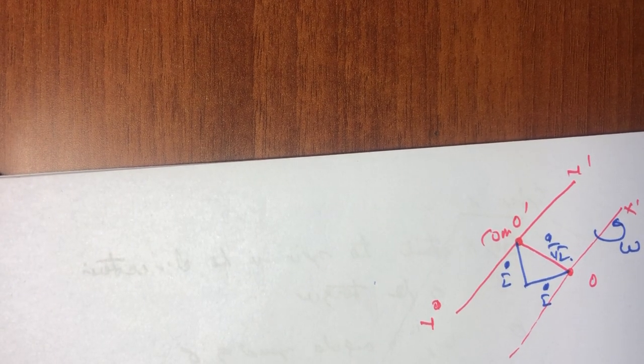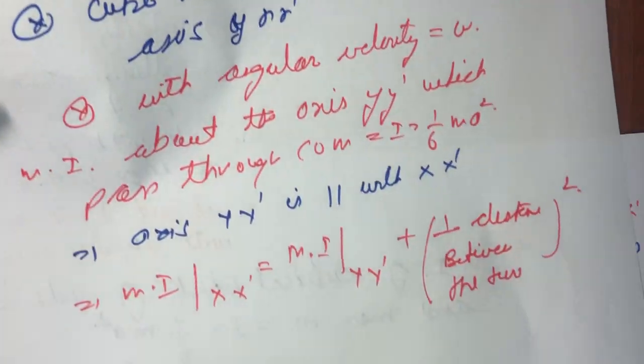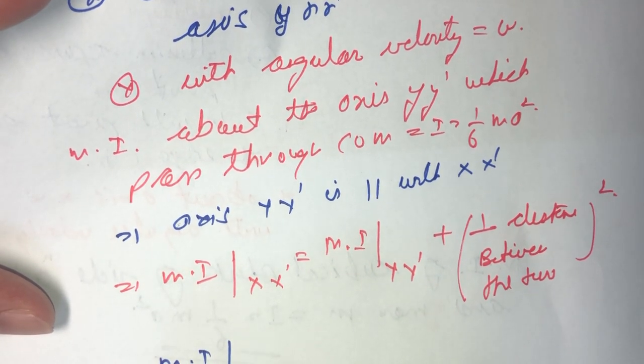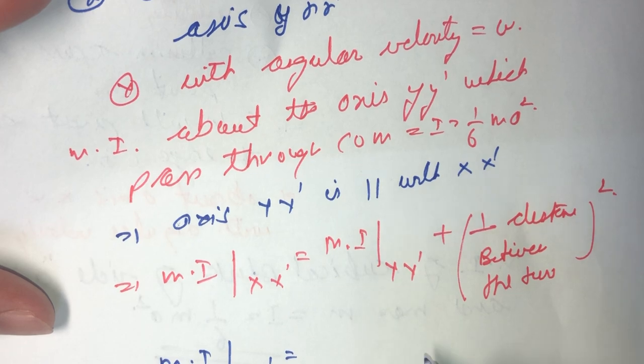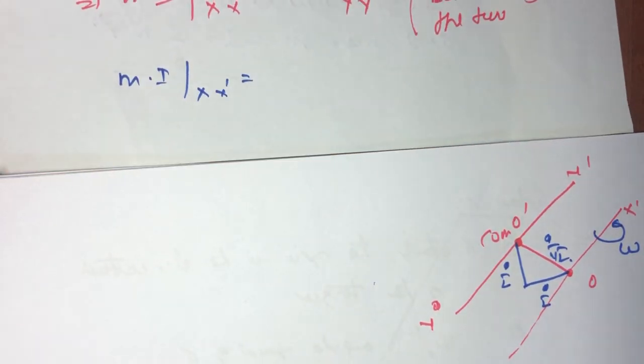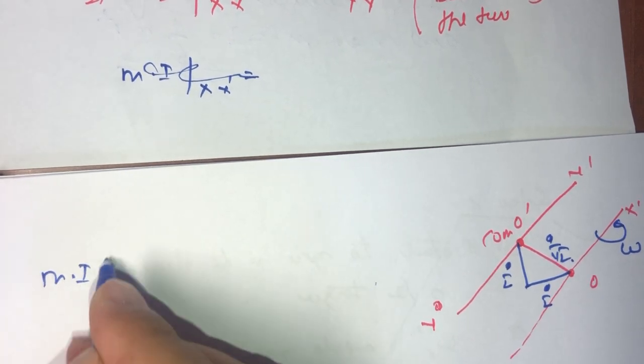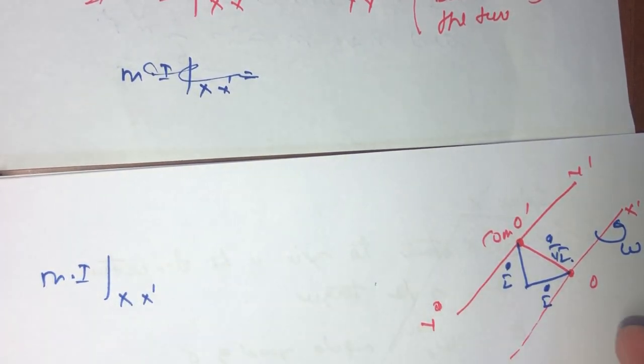Therefore, you can write that perpendicular distance, or we wrote it as this one. So we can say moment of inertia about x prime will be equal to, let me write it here, moment of inertia about x prime, which we denote as I naught.